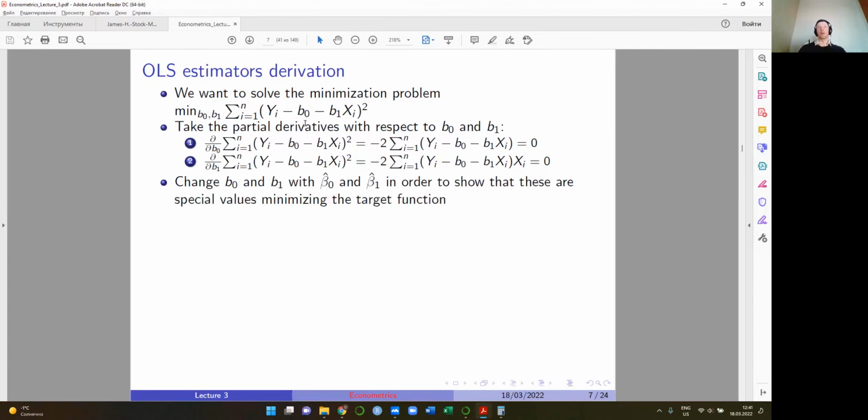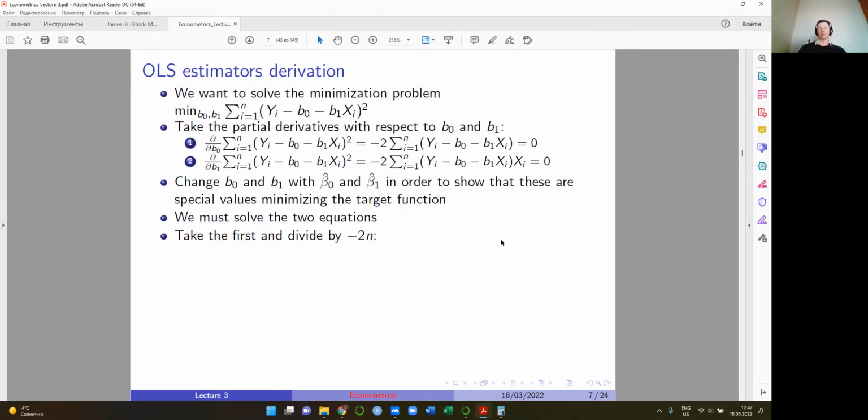So we change the notation to beta 0 hat and beta 1 hat. This hat is already familiar to you from statistics. We denote the estimator with the help of this hat. These are two random variables, and they are the solutions to these two equations.